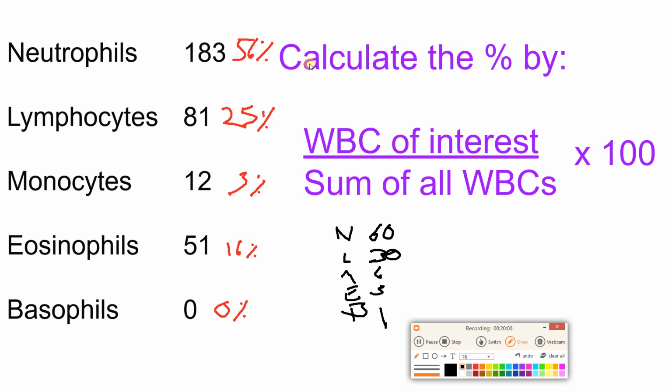So I'm going to look and say, okay, what's really abnormal here? And what's really abnormal is this eosinophil percentage. So 3% versus 16. 16 is 5 times higher than 3. The number of eosinophils is way up. So something's going on here. Maybe this person has some sort of parasitic worm infection.